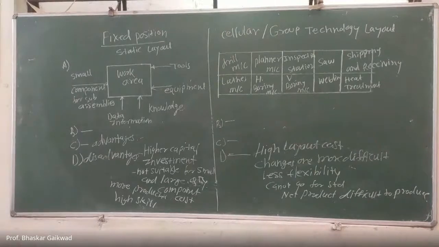Similarly for sprockets, we can use group technology. And process layout, as per the process, we have to make the layout. In this process layout, different types of crankshafts or engine heads can be manufactured in a batch. So whenever batch quantity is there, there is no mass production. Under this, we can use the process layout.